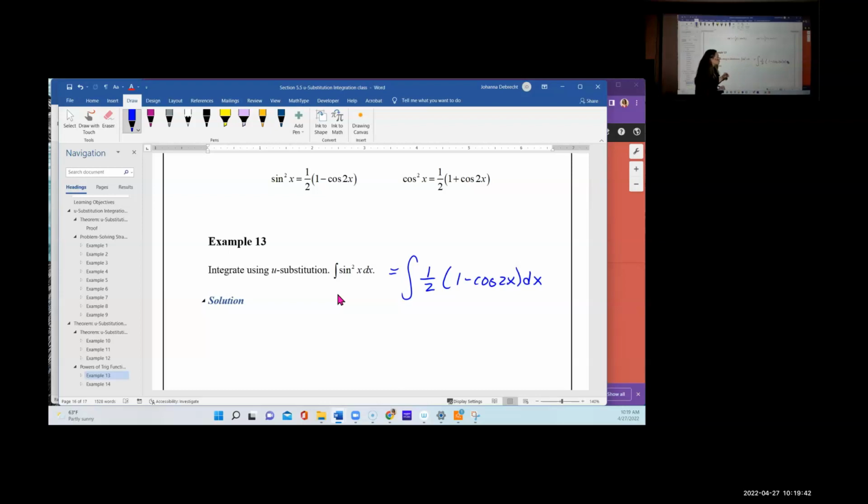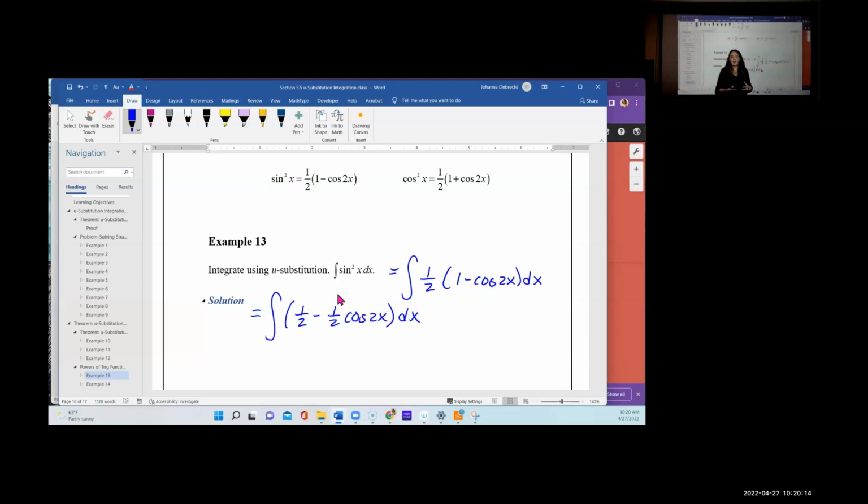Now we can distribute the 1/2 across both terms. Remember that u-substitution is applied to things that are multiplied or divided, not things that are added or subtracted. And we definitely have some subtraction on the inside. So we go ahead and split up the integrand by distributing the 1/2 so that we get 1/2 minus 1/2 the cosine of 2x dx.